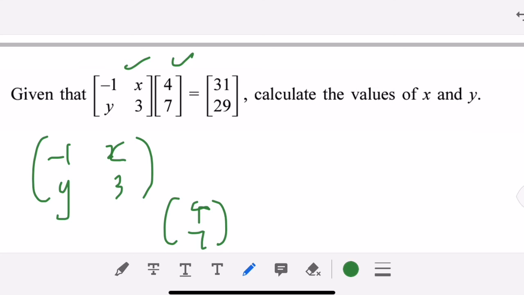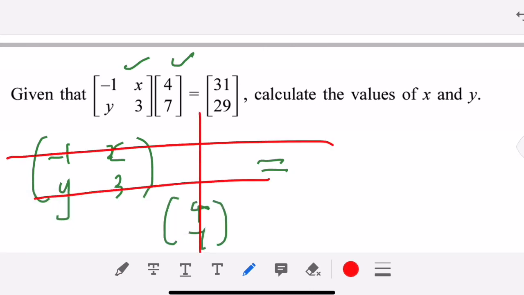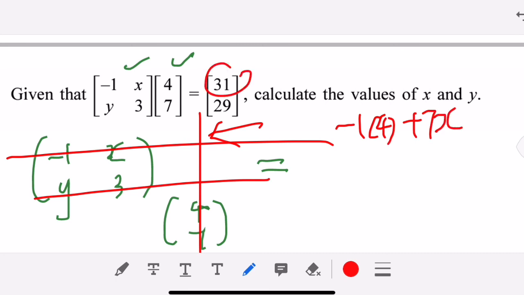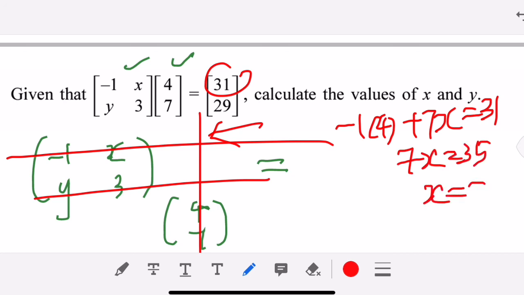Then you just draw a line like this. So for this one, it is negative 1 times 4 plus 7x, which equals 31. So that means 7x is 35. So x is 5, right?